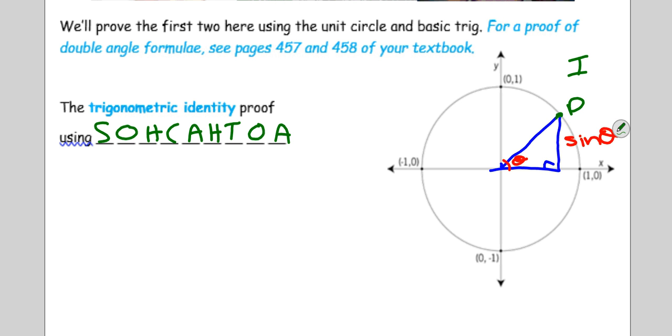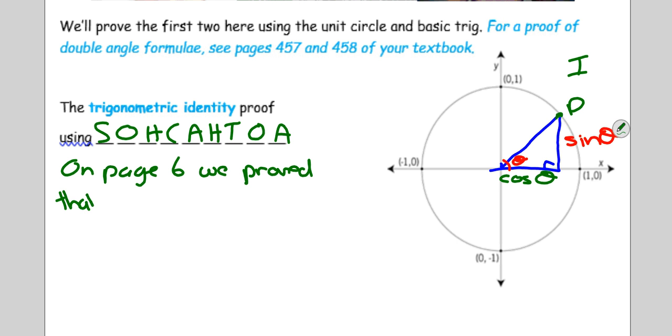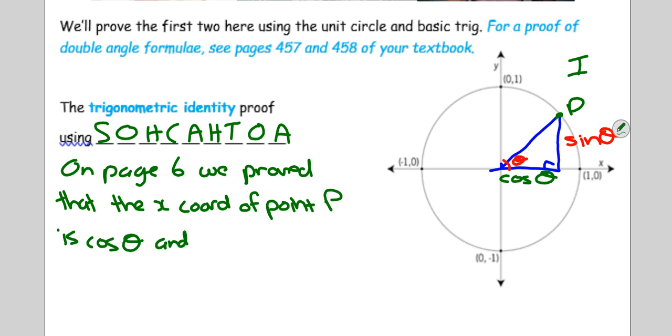And what is the x coordinate of P always? This length here on the bottom? Cos theta, yeah. So we proved that on page 6. So just maybe make a note. On page 6, we proved that the x coordinate of point P is cos theta, and the y coordinate is sine theta.